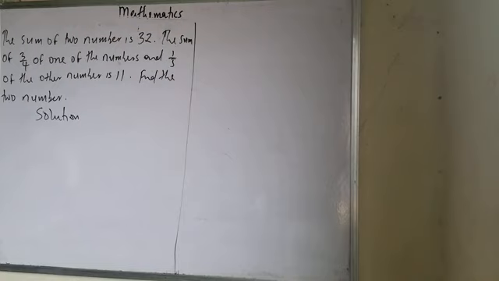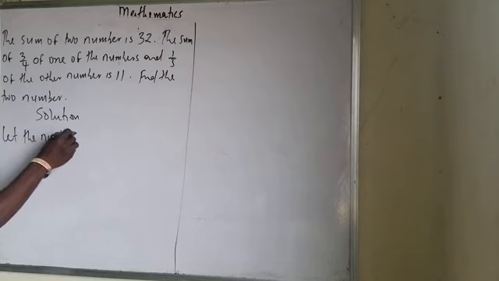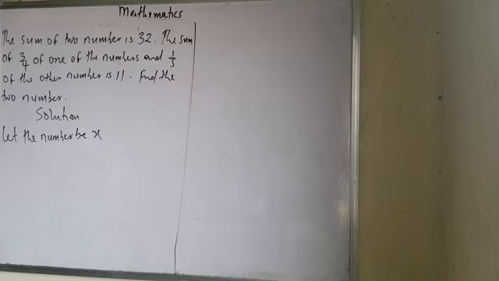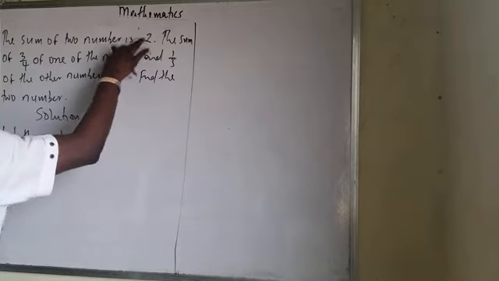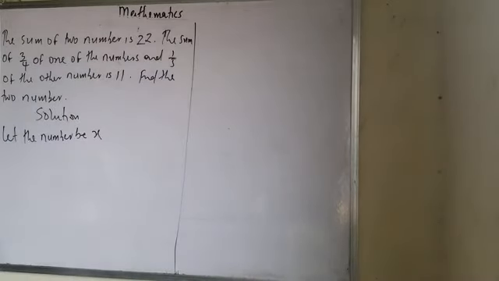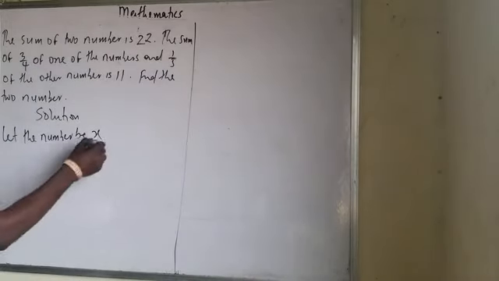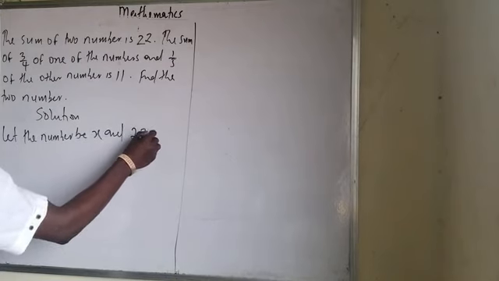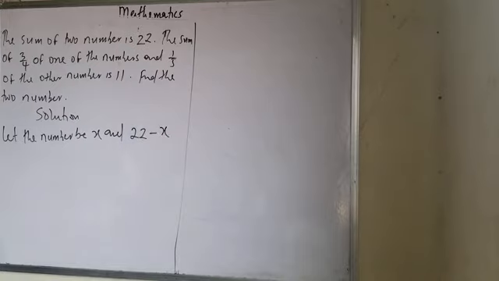What I'll just do is let the number be x. Let the number be x, and the other will be 32 minus x.